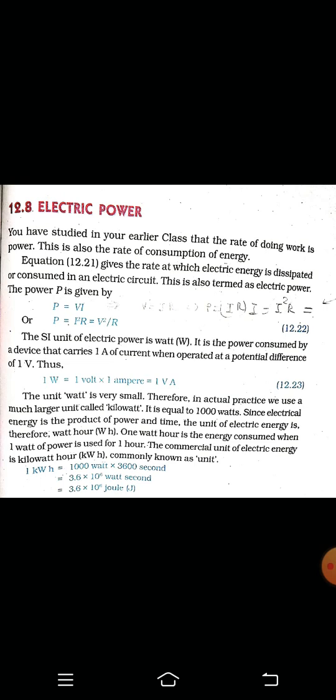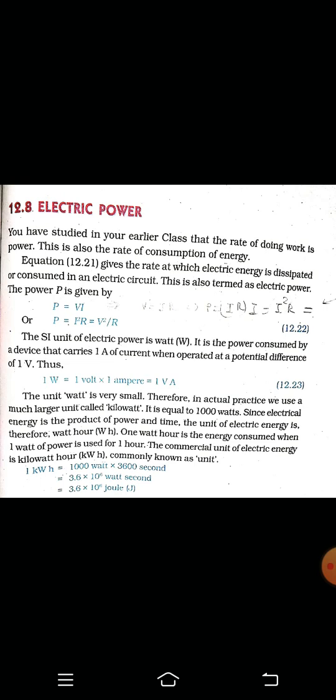The unit watt is very small. Therefore, in actual practice, we use a much larger unit called kilowatt. This also we studied in Standard 9. Watt is very small, so we have to use kilowatt. It is equal to 1000 watts. Remember, whenever kilowatt is used, that means we have to use 1000.